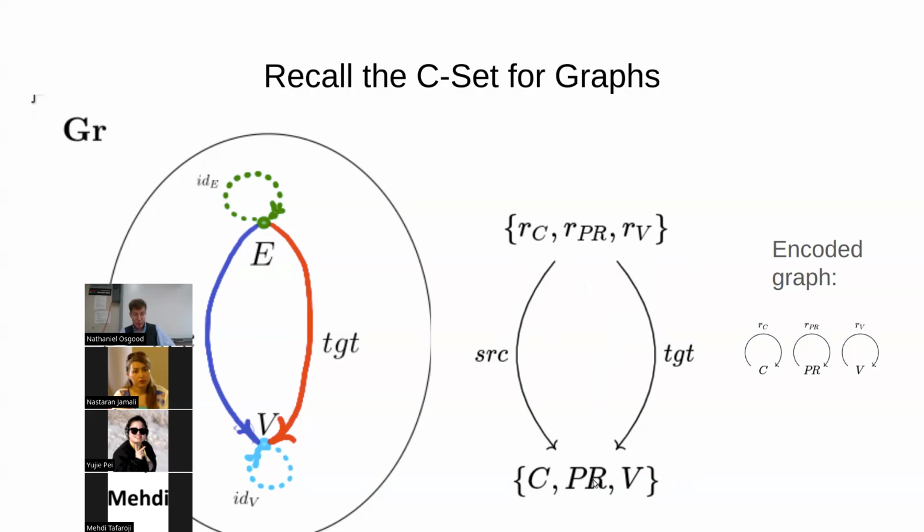I was here on a visa for a while, and as a permanent resident for a while. This is for vertices. This is for edges. We have 3 edges, such that the source of RC and the target of RC are C, the source of PR and the target of PR, etc.